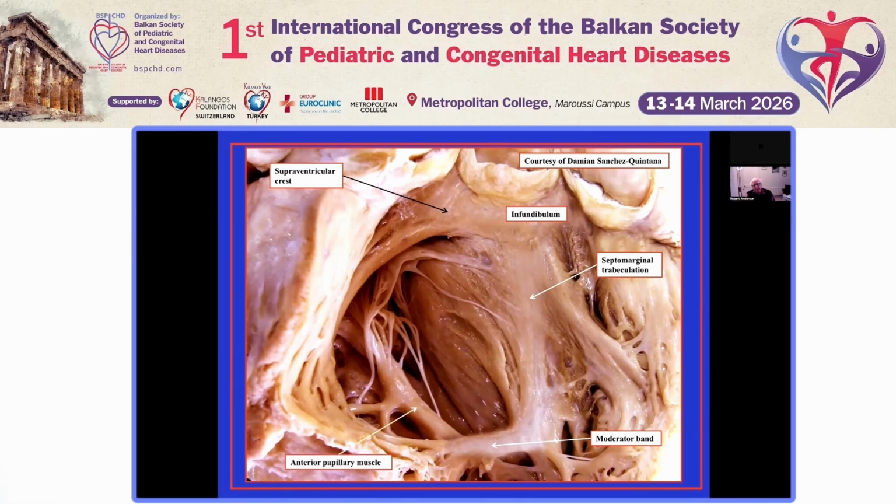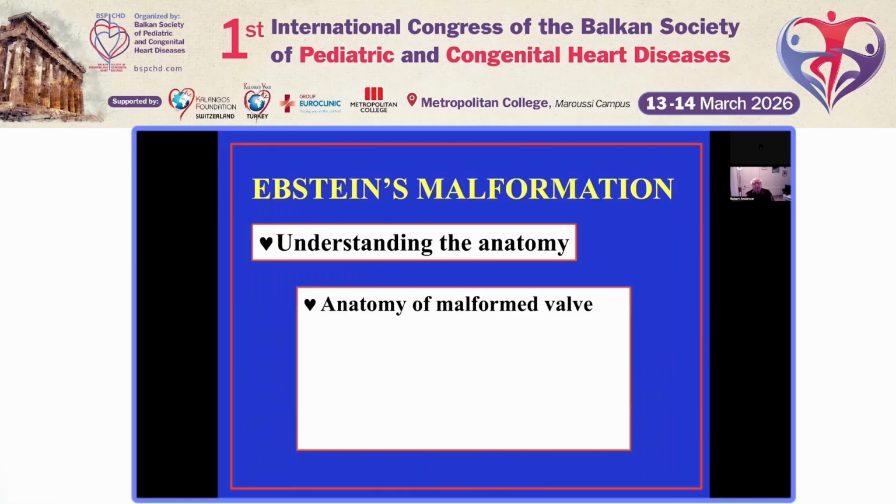And arising from the moderator band, we have the prominent anterior papillary muscle. The other characteristic muscle arises from the caudal limb of the Y of the septomarginal trabeculation. That is the medial papillary muscle, also known as the muscle of Lancisi or the papillary muscle of the conus. So that is the normal valve.